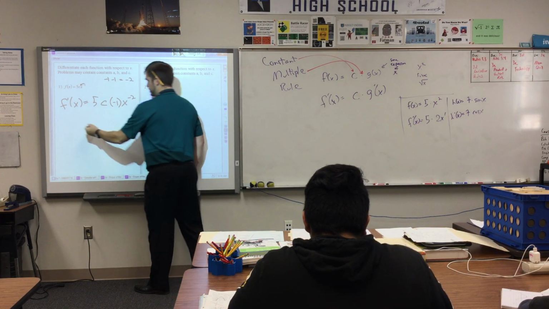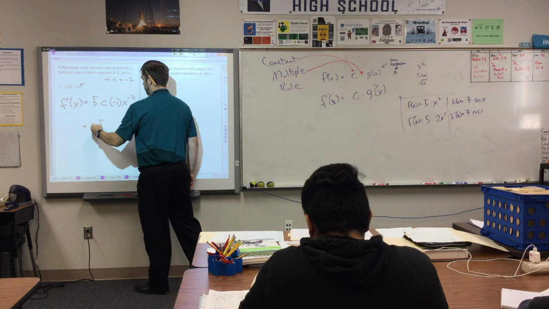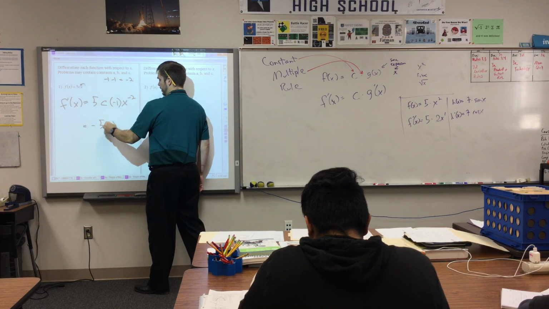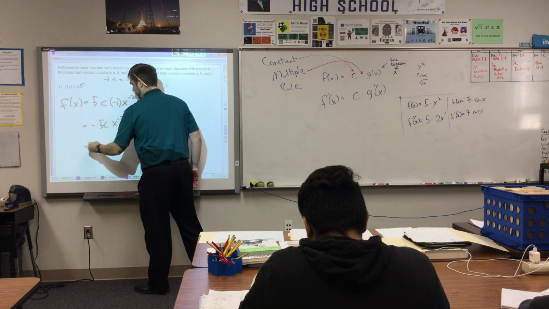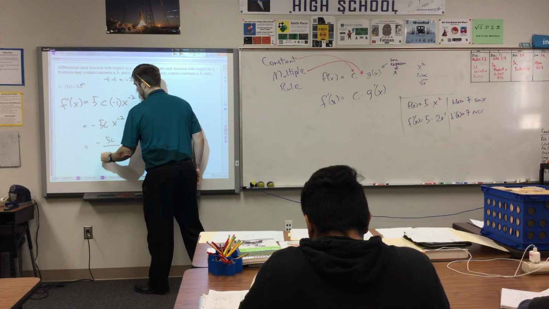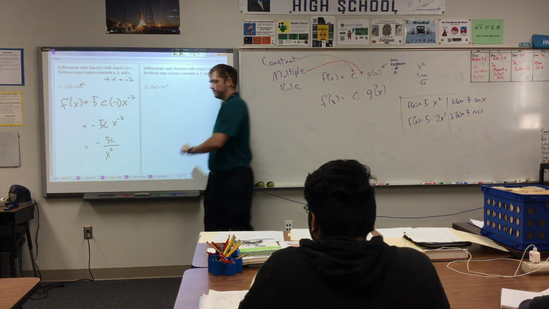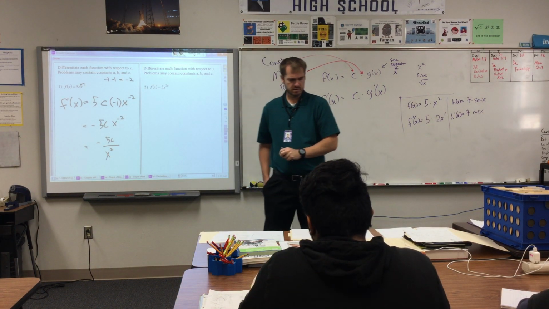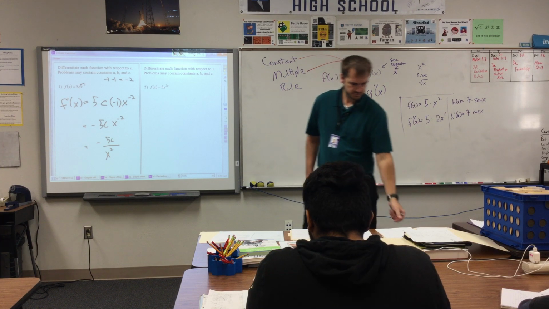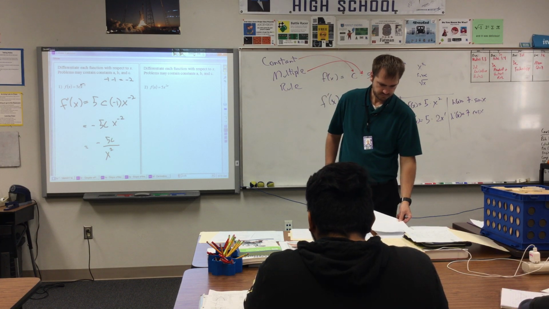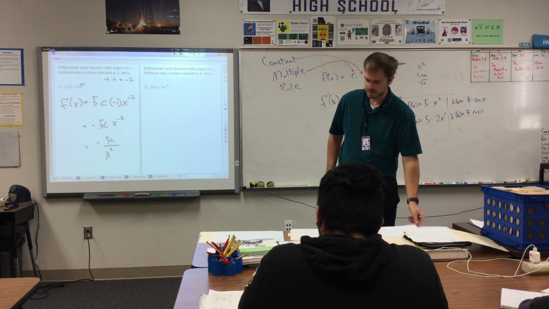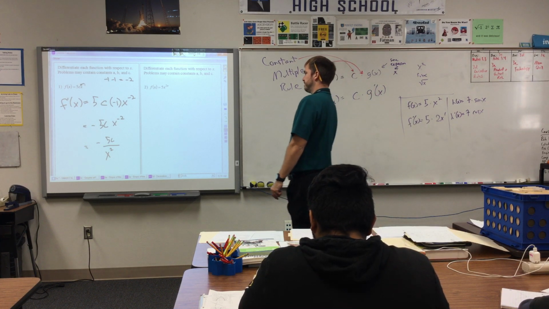So we can simplify this to be -5c. If you want to put x to -2, that's fine. If you want to put it as -5c over x to the +2, that would be fine as well. I've got both answers on the homework.